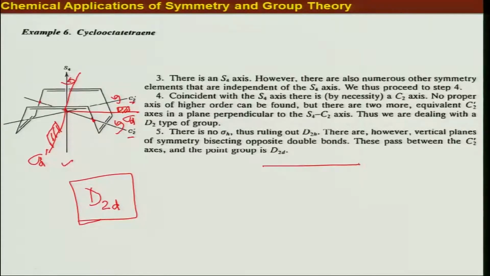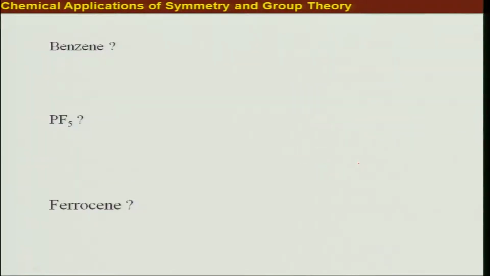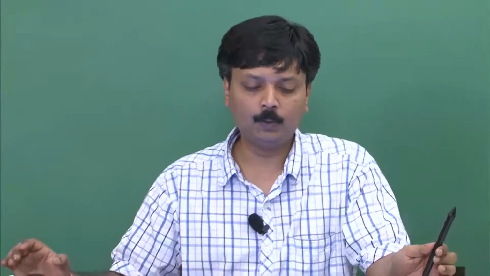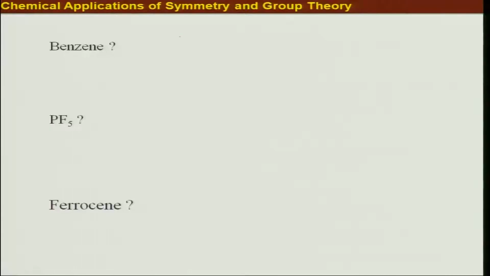So, let us move on to some other molecules. Benzene, we have been showing you the benzene models, and this is probably one of the simplest things that you know. The benzene we have already seen has a principal axis of symmetry, which is perpendicular to the plane of the screen.